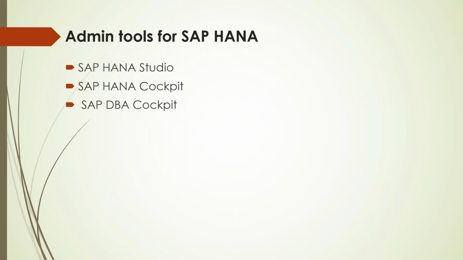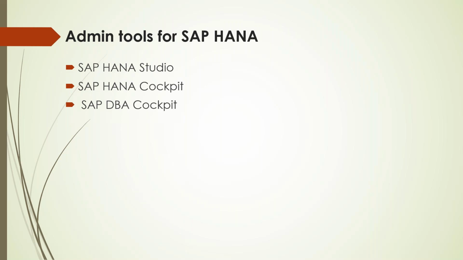The third is the SAP DBA Cockpit. You know the DBA Cockpit transaction. If you install ABAP on a HANA database, you will get a DBA Cockpit. Not only for HANA, you will get a DBA Cockpit for any application running on any database.